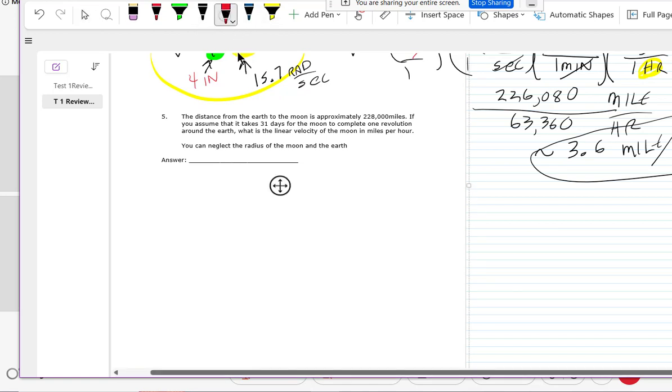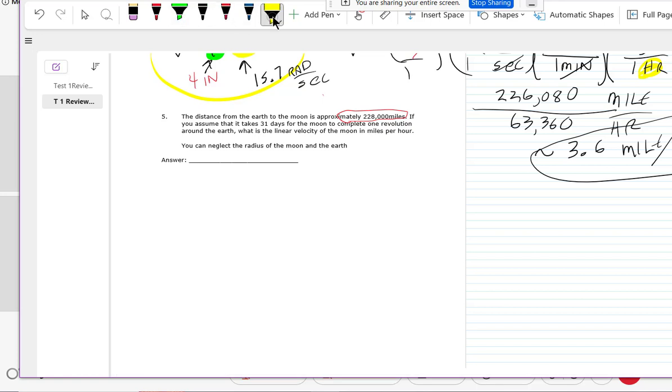All right, so this says the distance from the Earth to the Moon is 228,000 miles. It says that it takes 31 days for the Moon to complete one revolution around the Earth. So we're going to find the linear velocity of the Moon. First of all, we need to know what we're given in this problem.